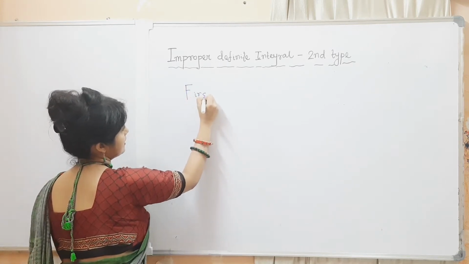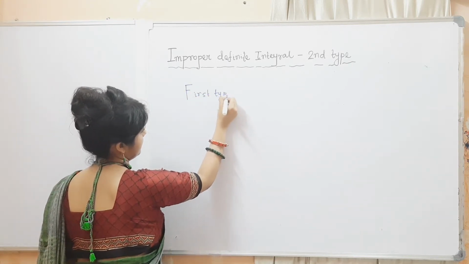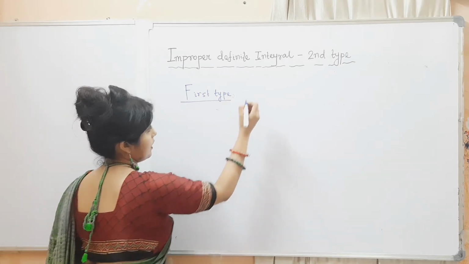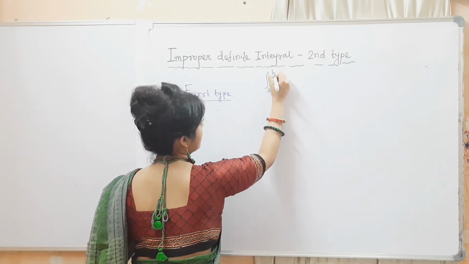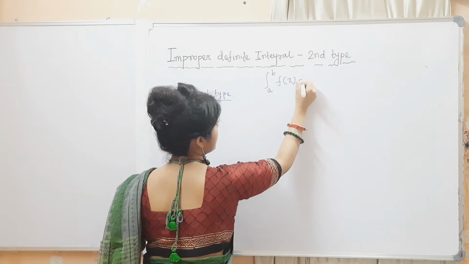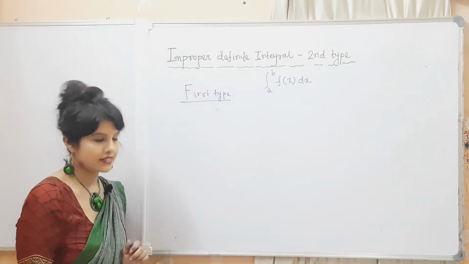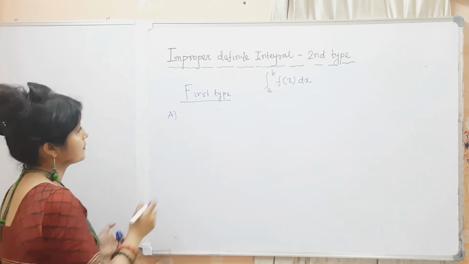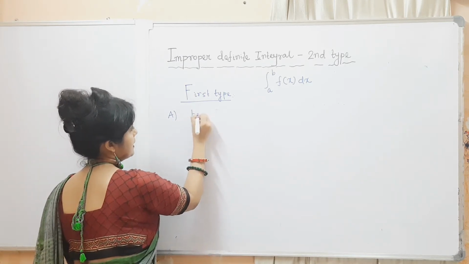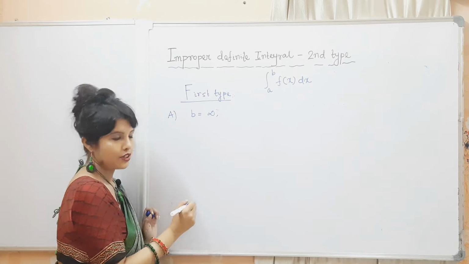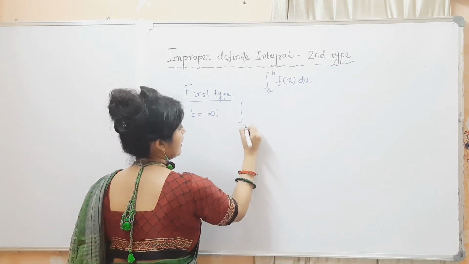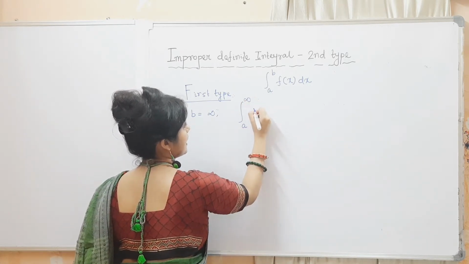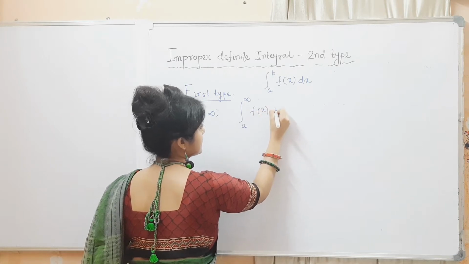So that was the first type. A definite integral would be like that: integration a to b f of x dx. Now in section a, the limit b was infinity, and therefore the form of this integration becomes a to infinity f of x dx.